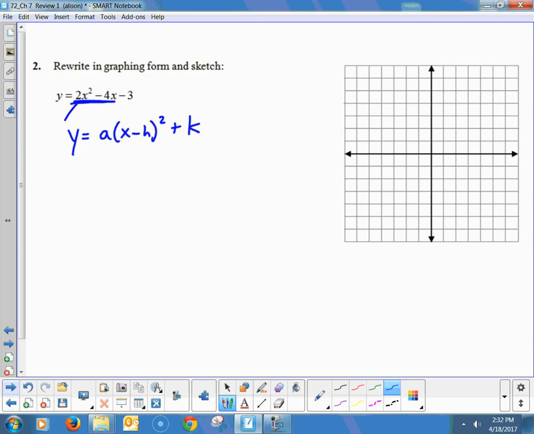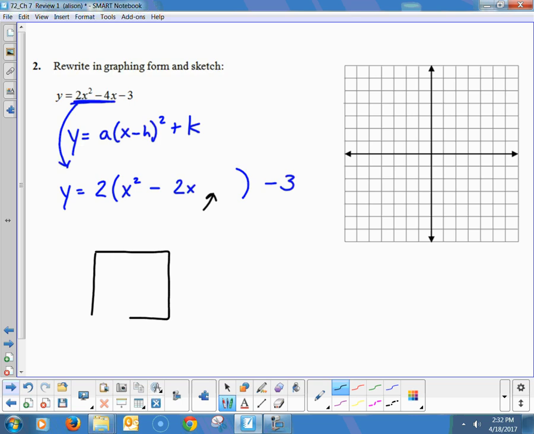I'm going to start by pulling a 2 out of the first 2 terms. So y equals 2, parentheses, x squared minus 2x, minus 3. In order to complete the square, I need to figure out how much I need there to make a perfect square. So I'll harken back to Algebra 1 where we made perfect squares.